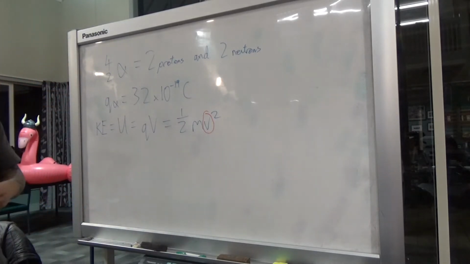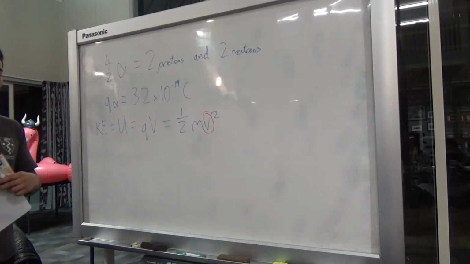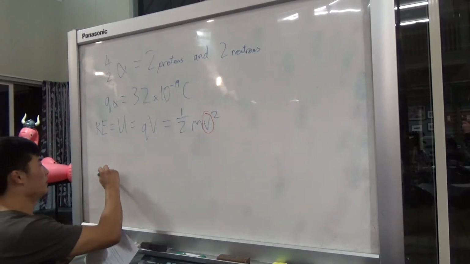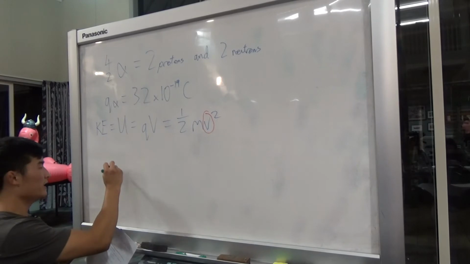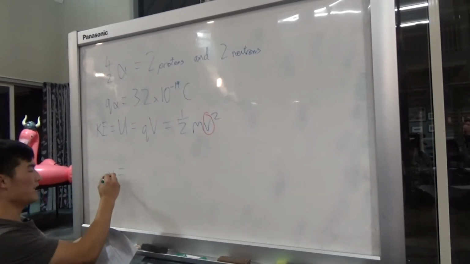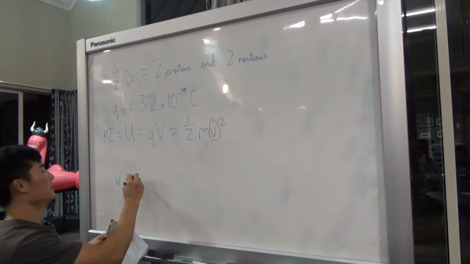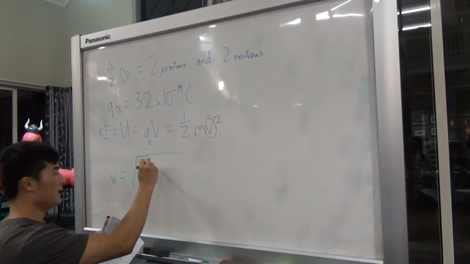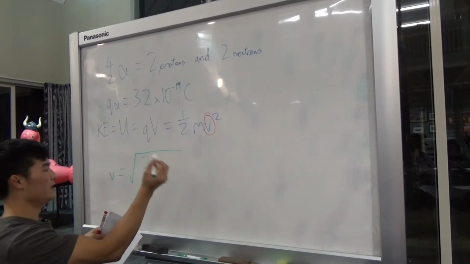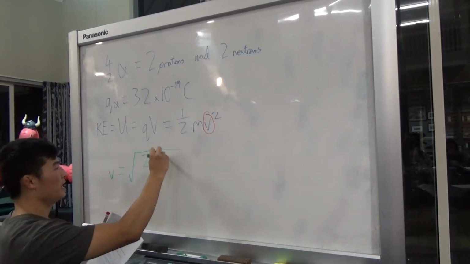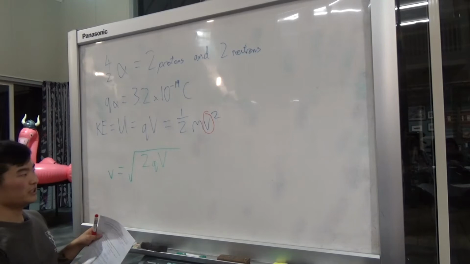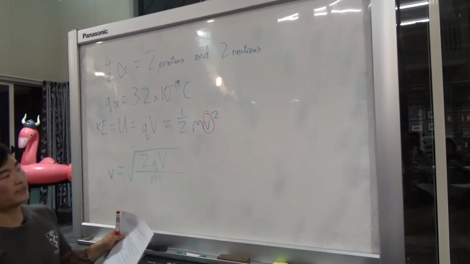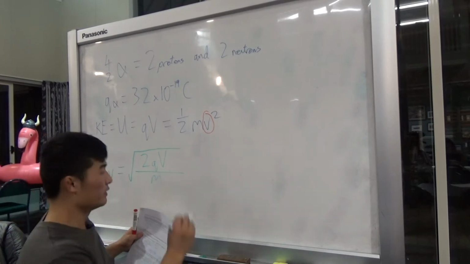On my cheat sheet I have it pre-rearranged because this is quite a common question. The velocity, small v, lowercase v for velocity, is equal to the square root of 2 times q, our charge, multiplied by big V, the voltage, divided by the mass.